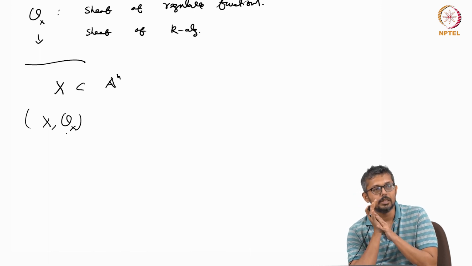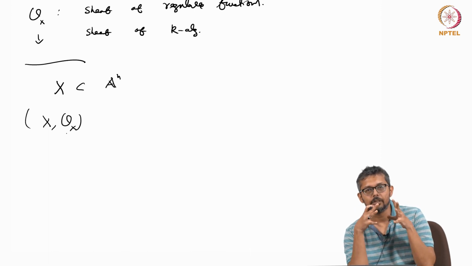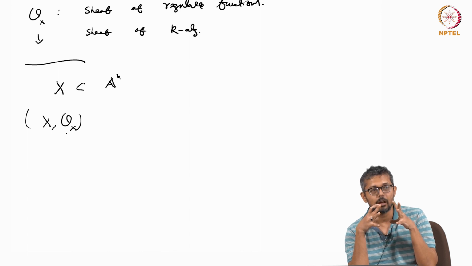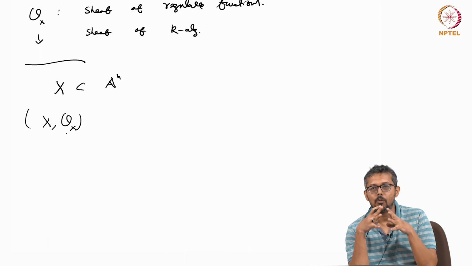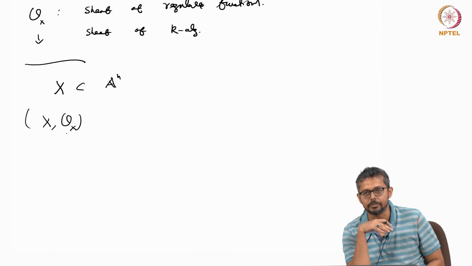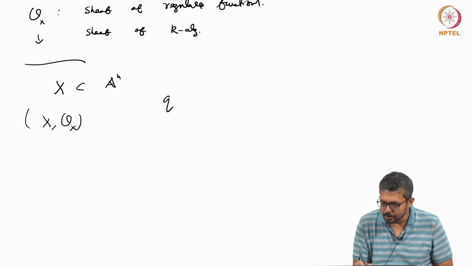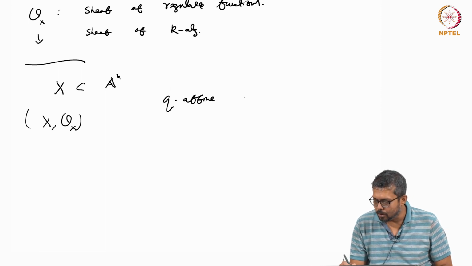And we will see that not just affine varieties, you have more general objects, quasi-affine varieties. What is called quasi-affine means an open subset of affines.